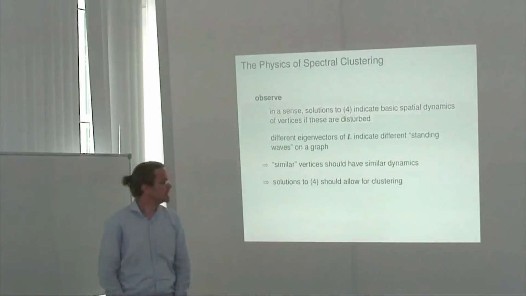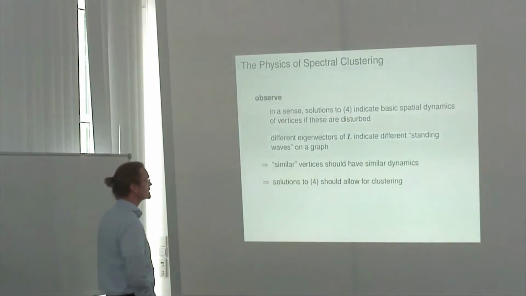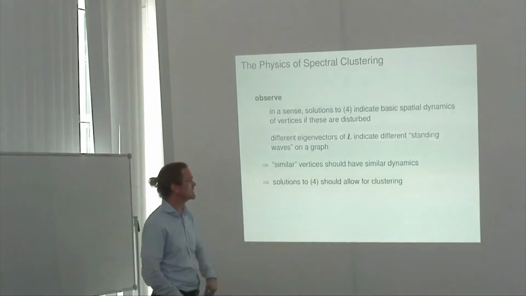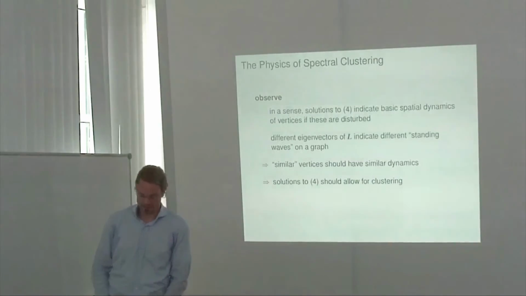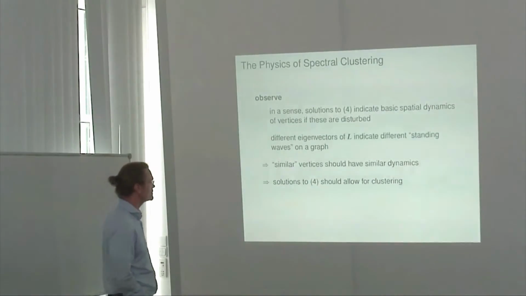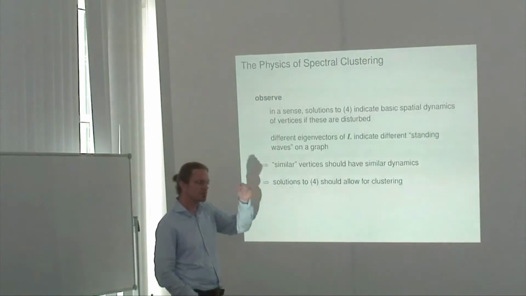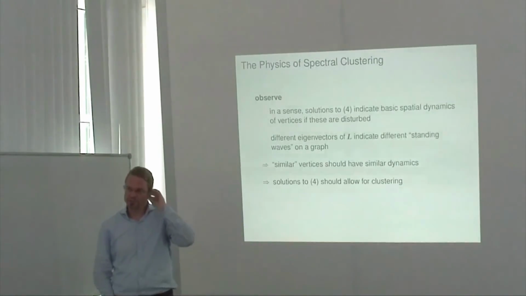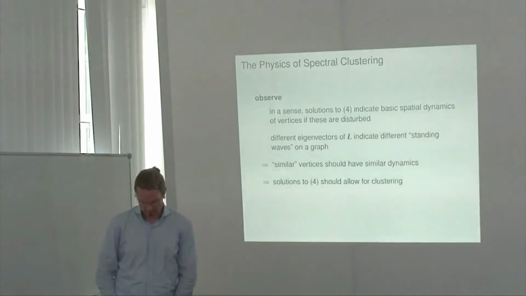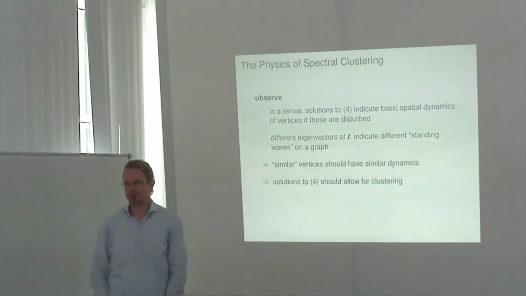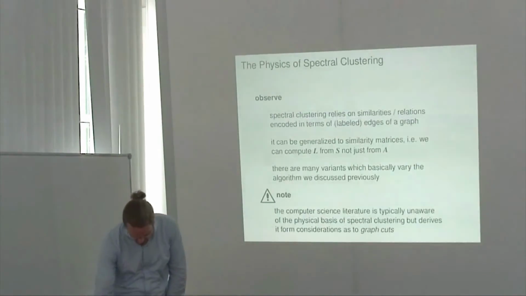So there you have it. Different eigenvectors indicate different standing waves, and similar vertices have similar dynamics. And so therefore the solutions to this eigenvector-eigenvalue equation we consider when we do spectral clustering should indeed allow for clustering.